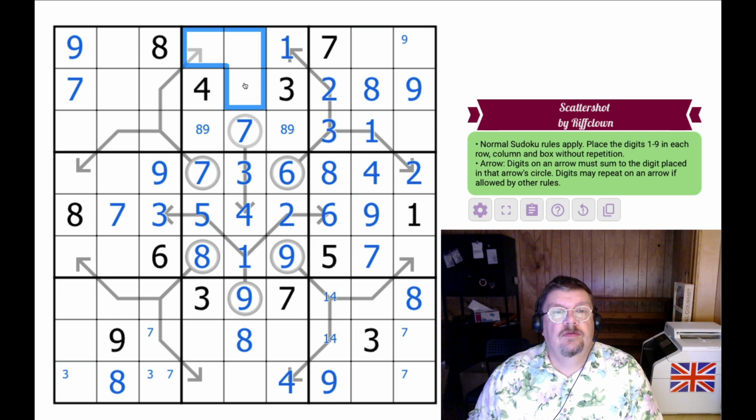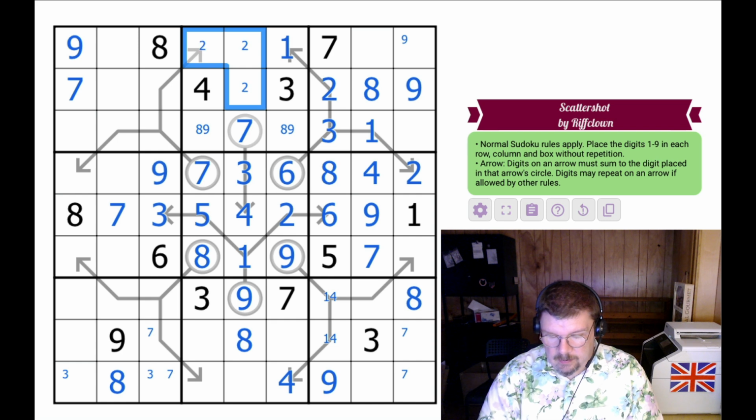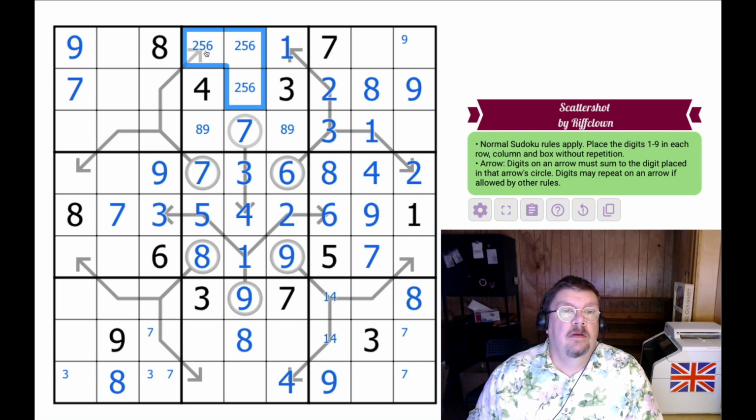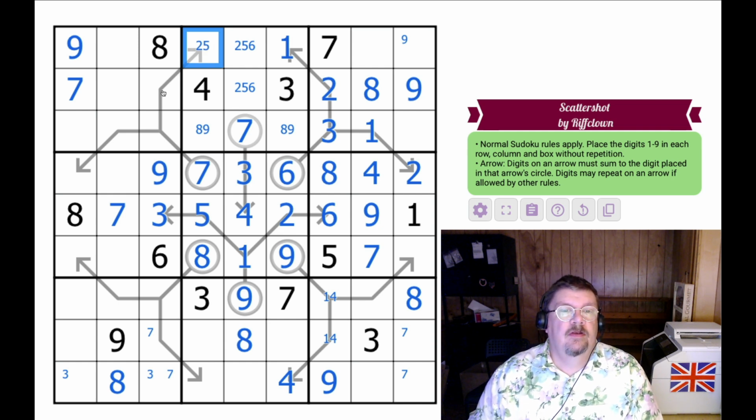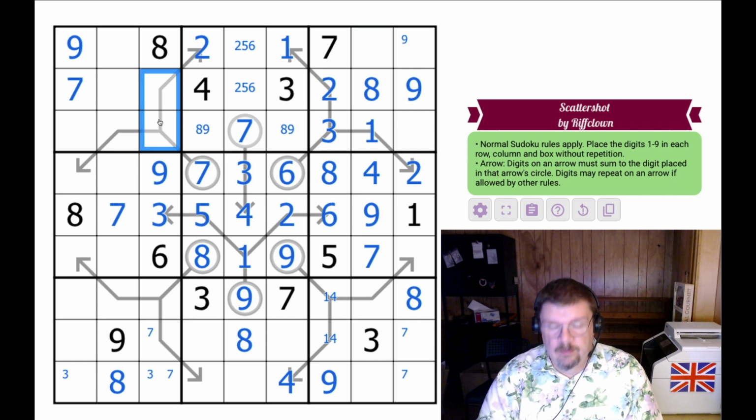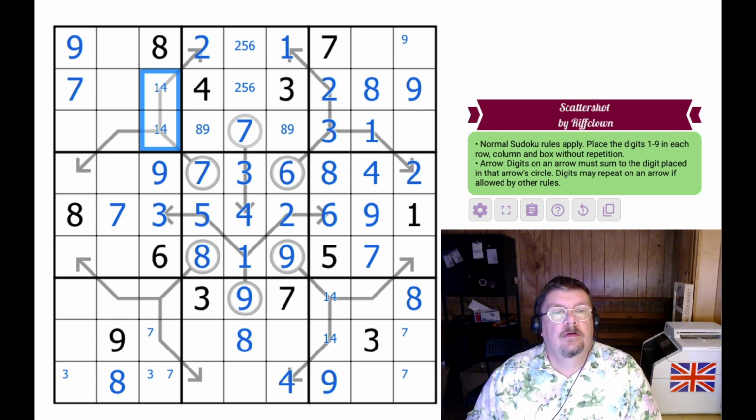These 3 digits are 2, 5, 6. Okay, this can't be a 6 or a 5 because that's 1, 2 at the minimum. So that's a 2. So now these 2 add up to 5. It can't be 2, 3, so that's 1, 4.